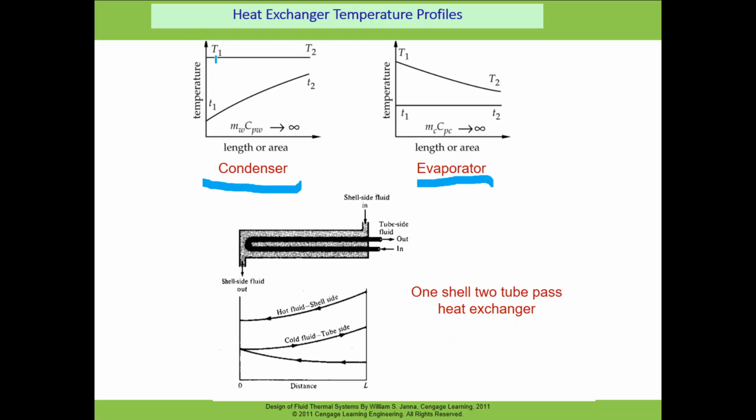So the warm fluid enters, its temperature remains constant, only the latent heat is lost, or latent heat is transferred to the cold fluid, and the cold fluid temperature is raised. So this is the temperature profile for the condenser case.